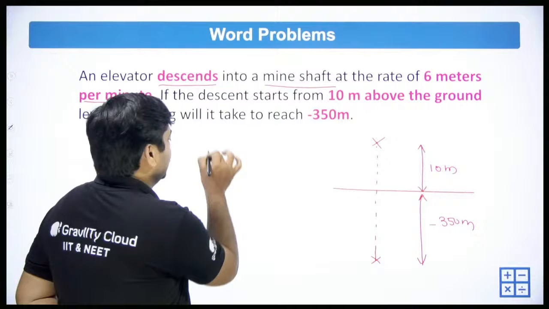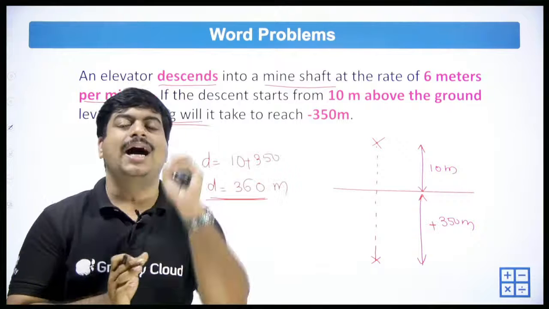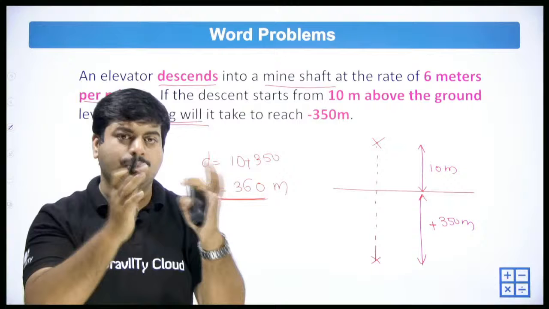But we should find how long it will take, meaning how many minutes or how many hours, what is the total duration of that journey at the rate of 6 meters per minute. If they are traveling 6 meters for 1 minute, let me erase that and write minute.